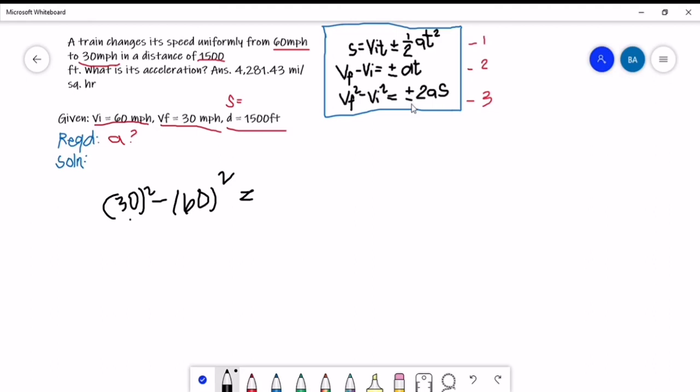Again, let's focus on the final and initial velocity. If it's decreasing, then we will use negative. If it's increasing, we will use positive. So at this point, from 60 to 30, we can say that the velocity is decreasing, so we will be using negative. Then 2, acceleration is what is asked. Then our displacement is 1500.